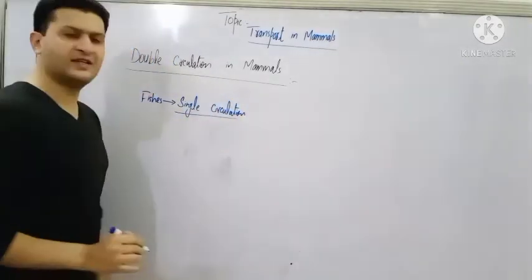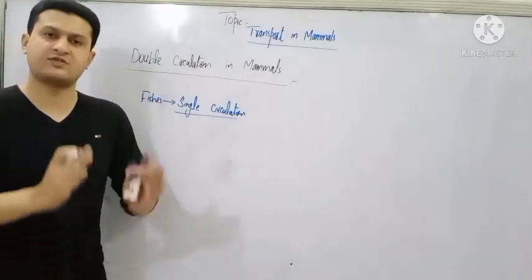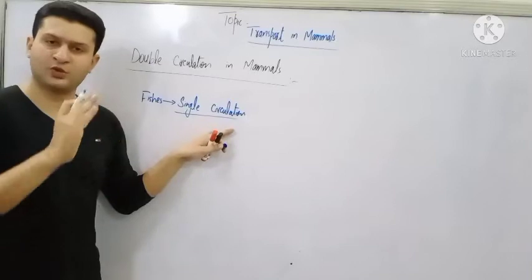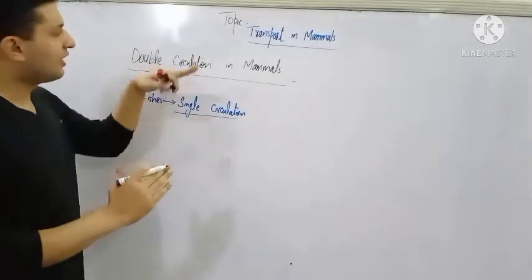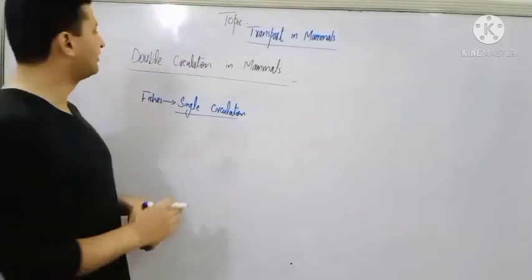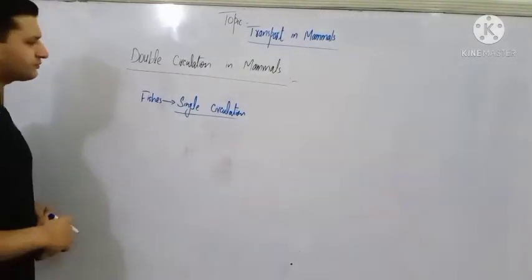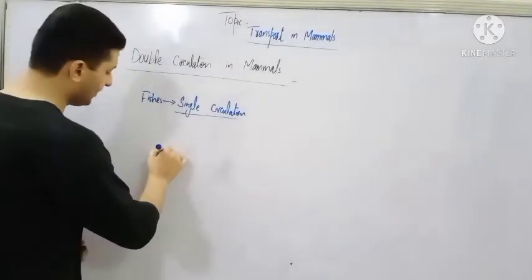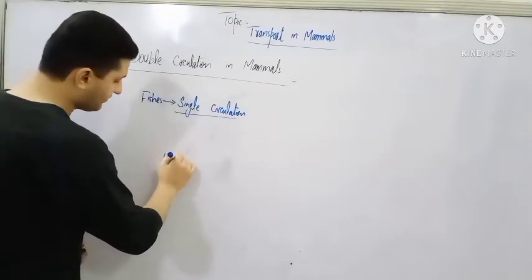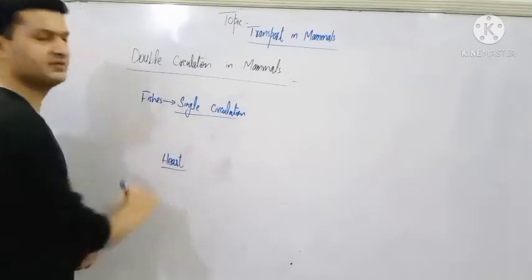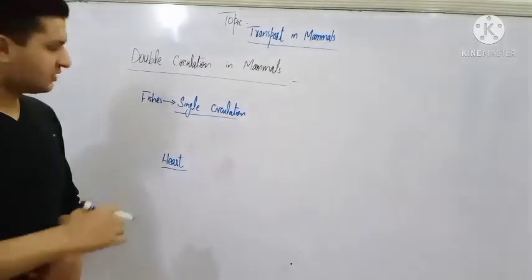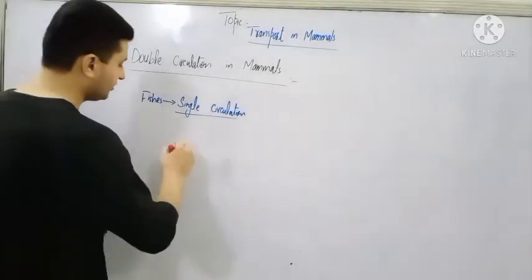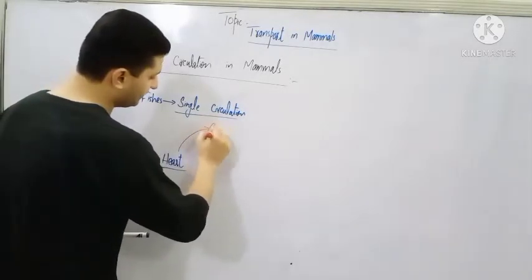Now, what is single circulation? First of all, we will discuss the single circulation or single circulatory system, and after that we will be discussing the double circulation. So, single circulation means that the heart of the fishes transfers the blood to their gills.